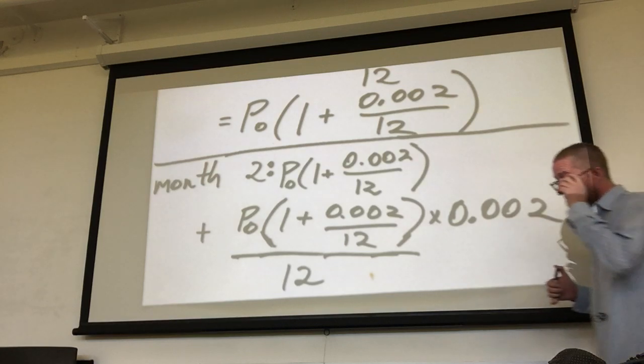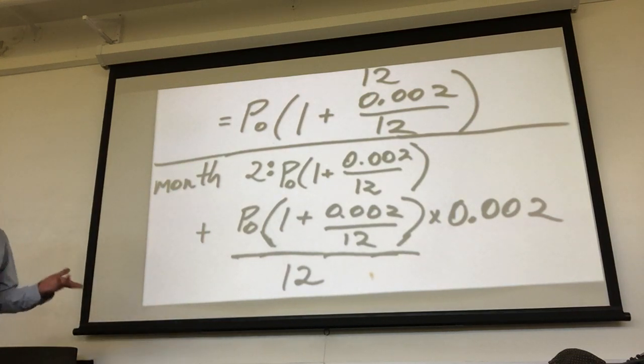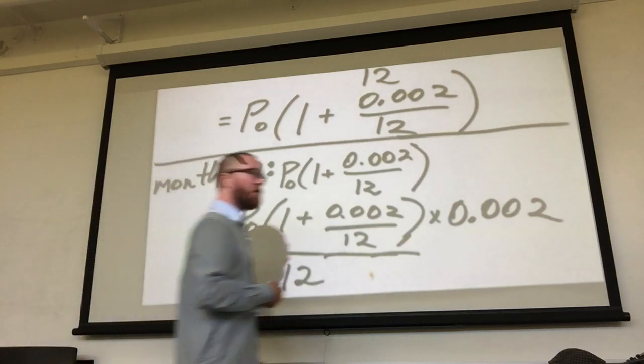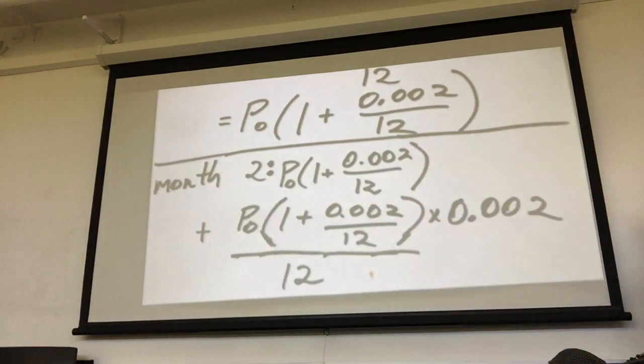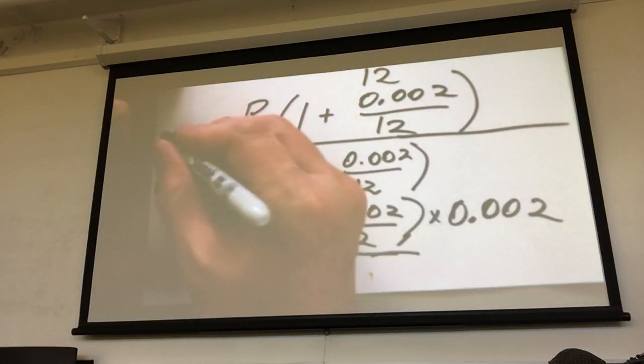Okay. Now, when looking at month 2, once again, you have to ask yourself, well, what is something common between these two things that I can actually pull out of it? And actually, I want to label these. You can label this as P of 1.